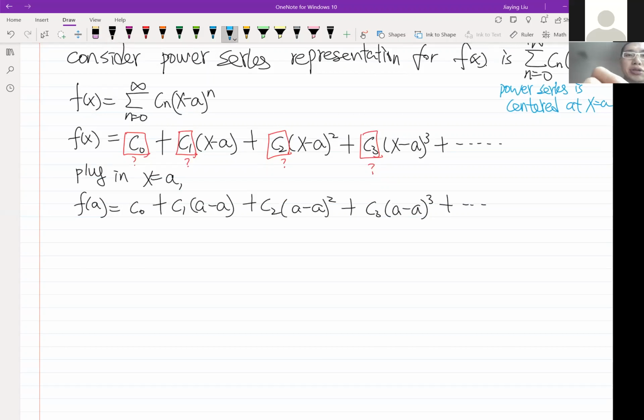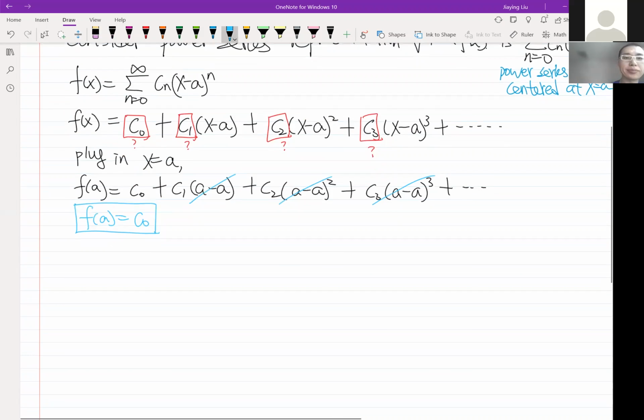So when we plug in a for x, we get 0 for all those terms except for the first term. And then we just end up with f of a equals c0. So c0 is actually the y value when x equals a in the given function. So that's how they come up with c0.